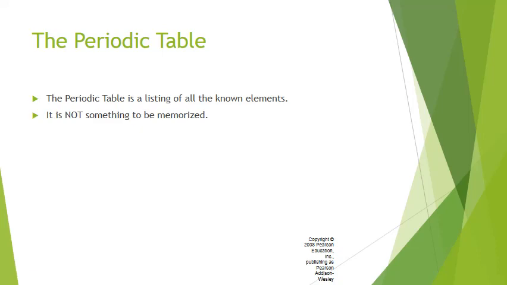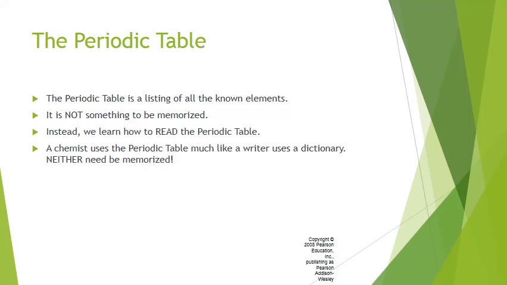One thing that's very important for you to understand is that the periodic table need not be memorized. You need to know how to use it or how to read it. It's very similar to a dictionary. You don't need to memorize the dictionary, but you need to be able to use it. You need to be able to find a dictionary and look up the meaning of a word, and maybe how it's pronounced or its language of origin.